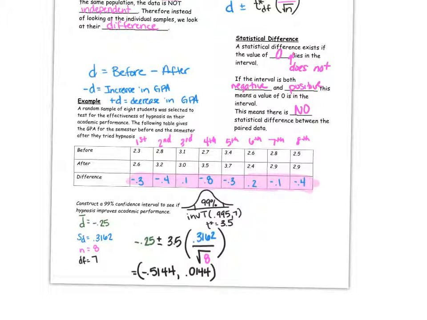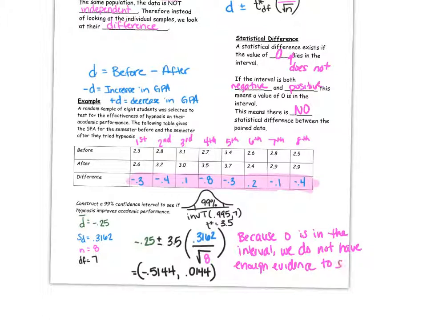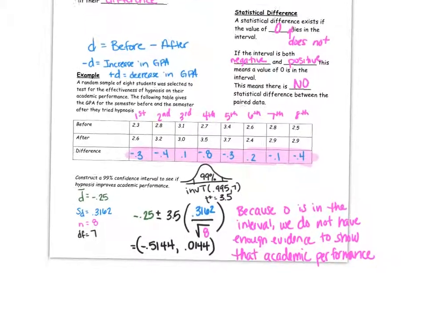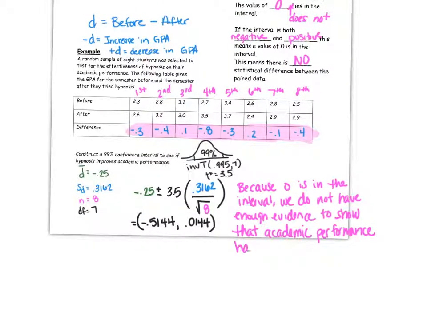So what you're saying here is that because 0 is in the interval, we do not have enough evidence to show that academic performance has improved.